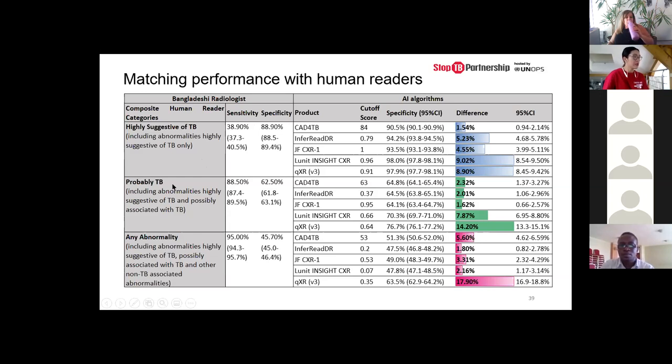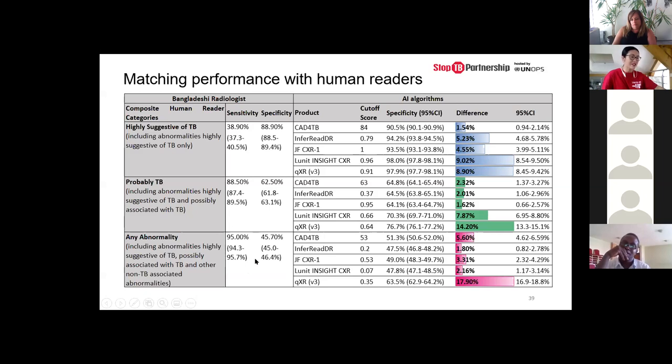Now, for probably TB, we composed the second category, including the previous highly suggestive and any abnormality that is associated with TB. And so the sensitivity has increased drastically, and understandably, the specificity is reduced. And any abnormality includes even the abnormality that the radiologist thinks is not related to TB.